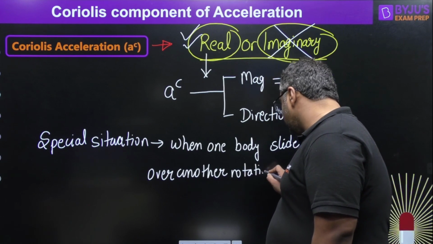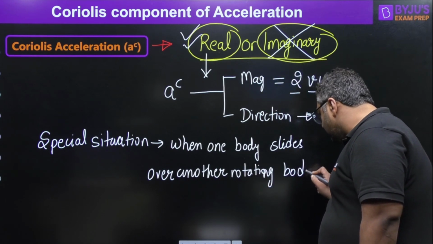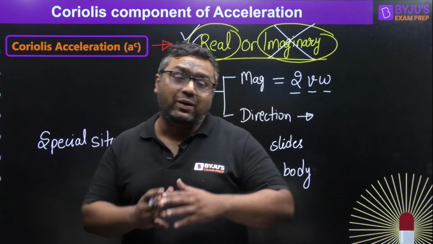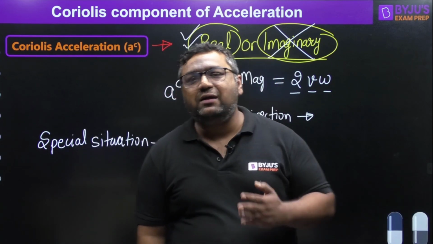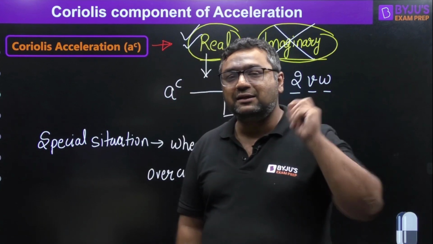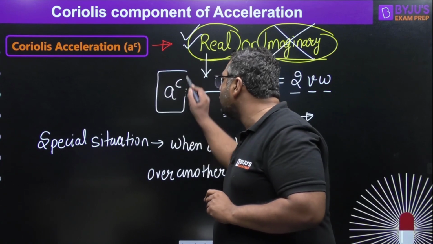What is the special condition? When one body is going to slide over another body which is already in rotation. So the point is, when one body is rotating and on that rotating body some slider is present and that slider is sliding also, then only this acceleration will come into picture.